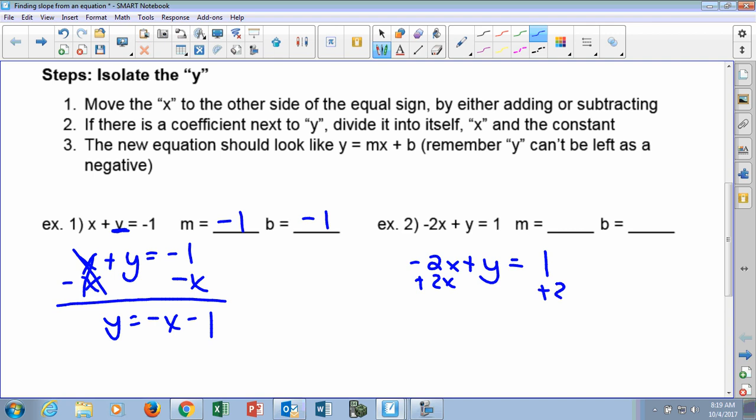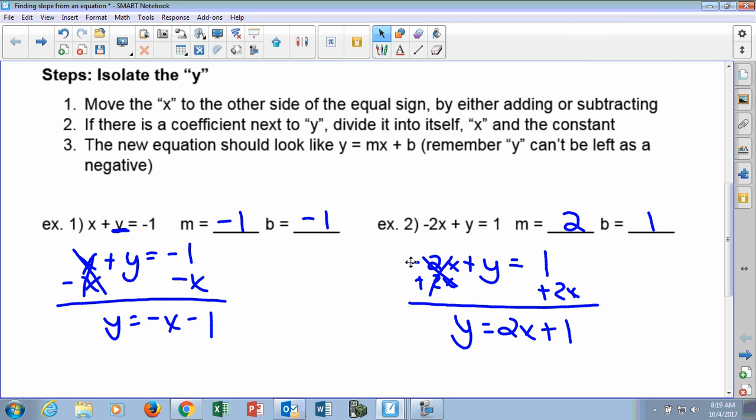Okay. Because again, the first step is you got to move the x and everything with it. So that goes away. So I'm left with a y. Is this in y equals mx plus b form? It sure is. So what's our slope? 2. What's our y-intercept? All right, good.